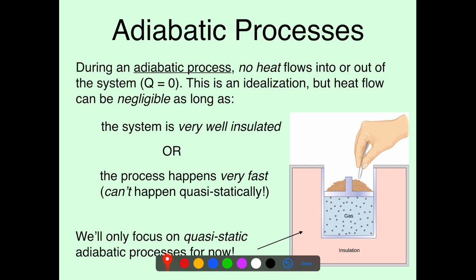If we want the gas to expand, we can take a little bit of mass off of the piston, and that will cause the piston to go up and the gas to expand. If we want to contract the gas, we can put some mass onto it, and that will cause the piston to go down and contract. That's the picture of an adiabatic process. Again, this is all happening with no heat flow.